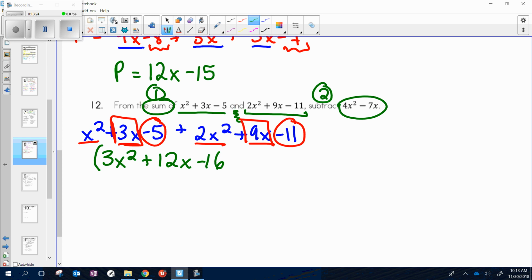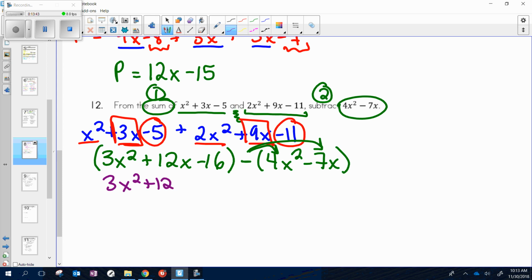Now we need to use parentheses because we're subtracting step 2, 4x squared minus 7x. Using these parentheses, we're going to distribute that -1, which is going to change all of our signs. And we're going to be left with 3x squared plus 12x minus 16 minus 4x squared plus 7x.